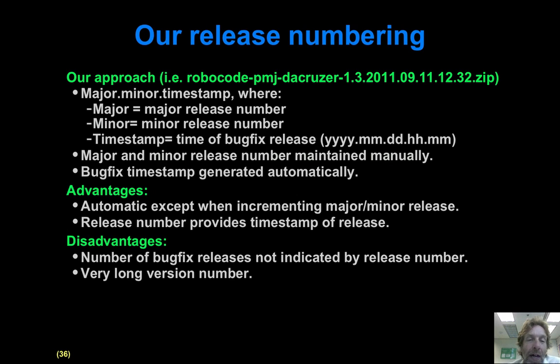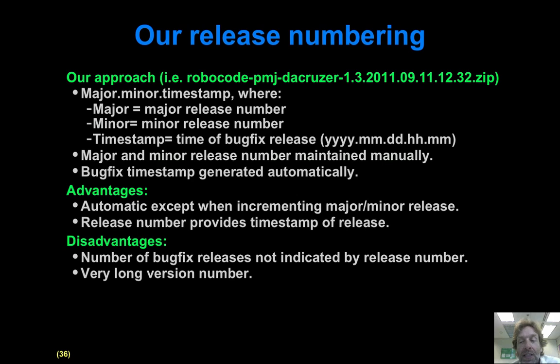We have a major.minor.timestamp version number, where major continues to refer to the major release number, minor refers to a minor release number, but then following that we have a timestamp, year, month, day, hour, minute, all separated by dots, and that's basically the bug fix number portion of the version number.